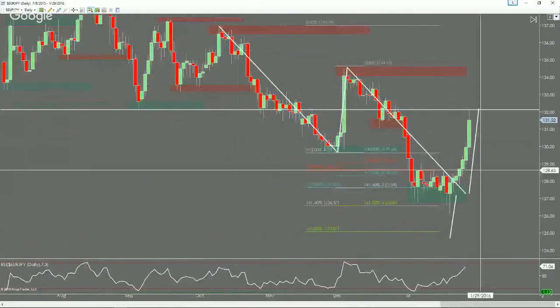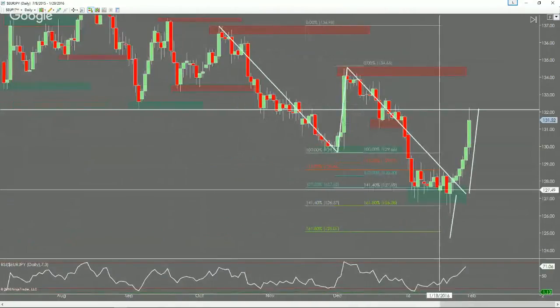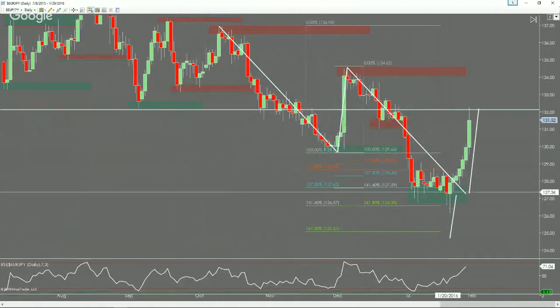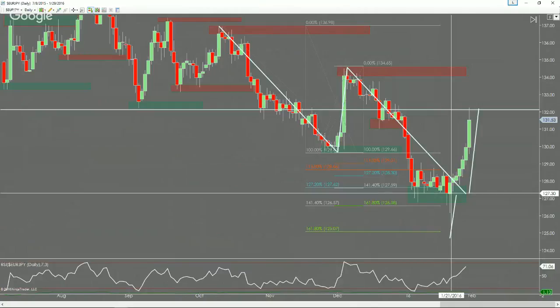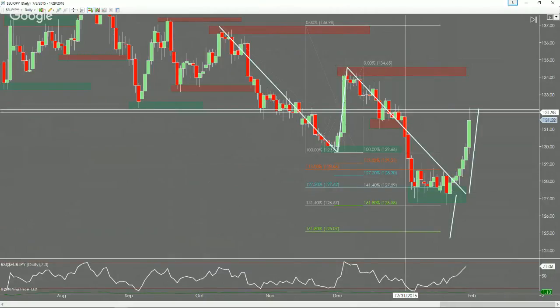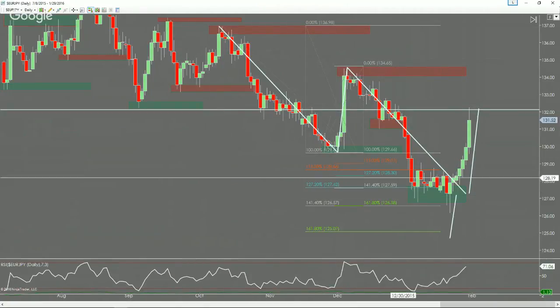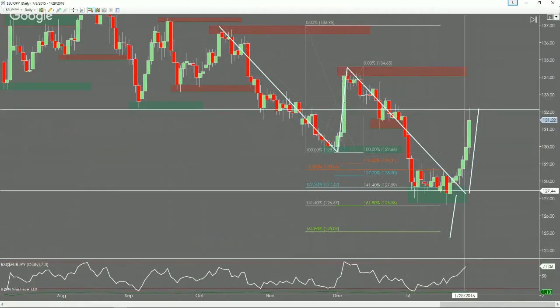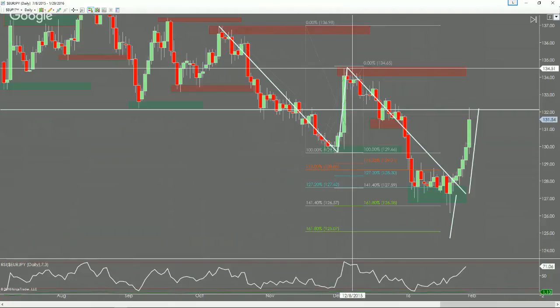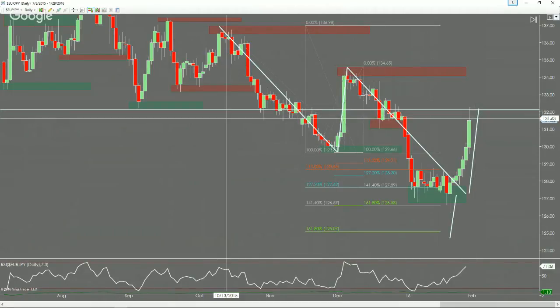We talked about that level of structure, that we wanted to wait for a retest of that structure, enter there, buy and continue to ride that up back to this level, because we talked about how harmonic patterns can usually tend to retrace about the same distance of retracement. And that's how we got to that level of structure.